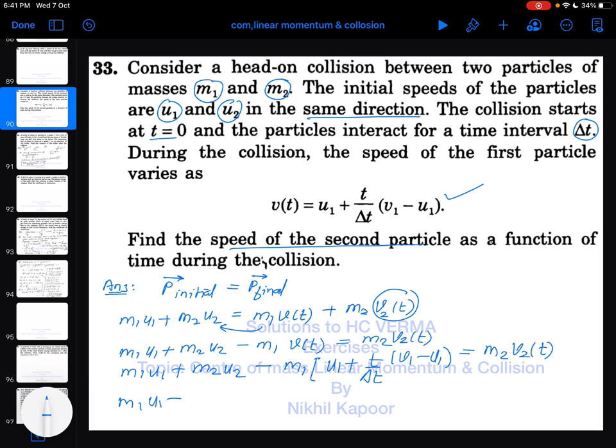So m1 u1 plus m2 u2 as it is, I will open this bracket by multiplying with m1. So it will be m1 u1 plus, minus will become minus, m1 t upon delta t in bracket v1 minus u1, is equal to m2 into velocity as a function of time. The positive m1 u1 and negative m1 u1 will get cancelled out.